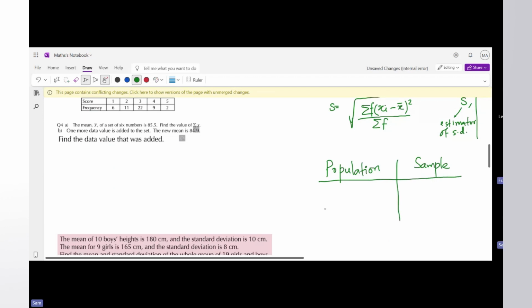So these are the symbols. I'm going to write here mean, standard deviation.